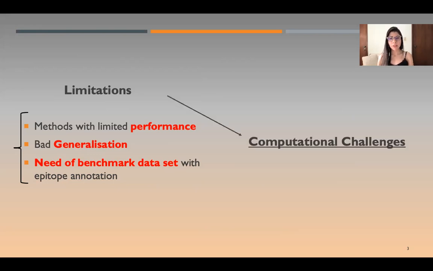These limitations are in part due to the computational challenges we have in this field. The first one is the selection of plentiful epitope data to train a machine learning model, since epitope is context dependent. What does that mean? It means that a single antigen may present different epitopes.